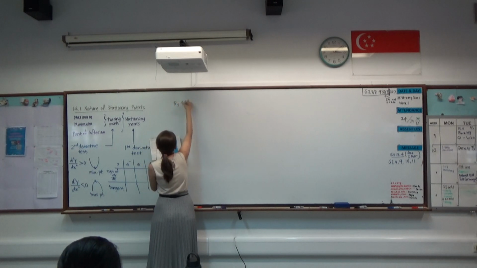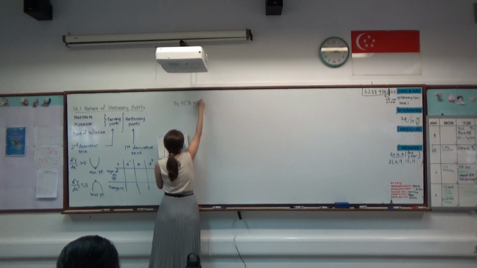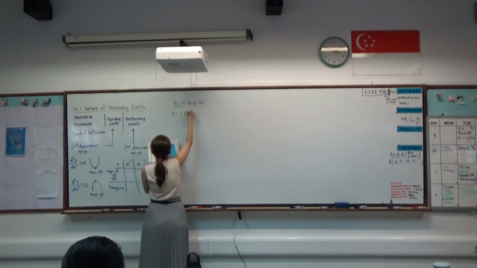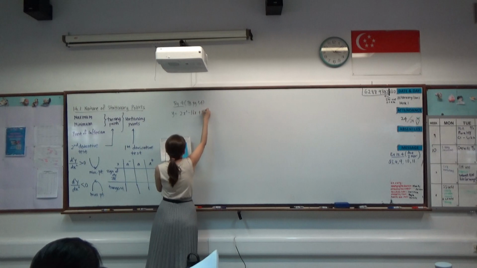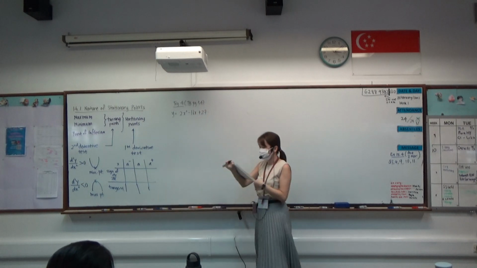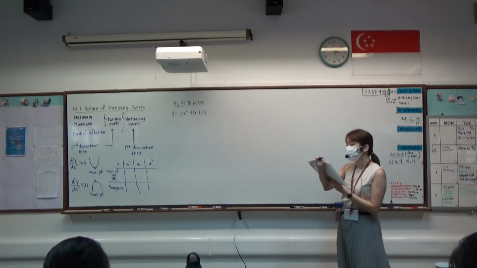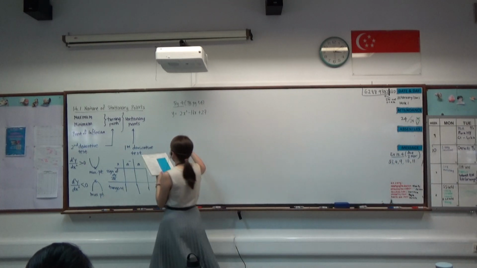Try 4. Where we have y equals 2x squared minus 16x plus 27. In part 1, we want to find the coordinates of the stationary points on the quadratic curve.